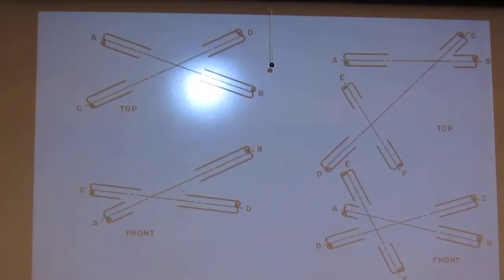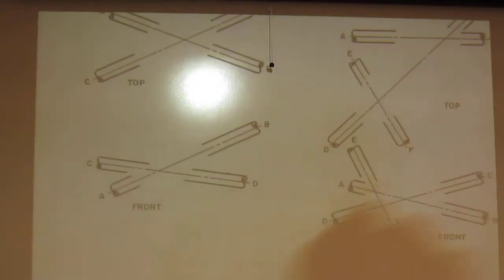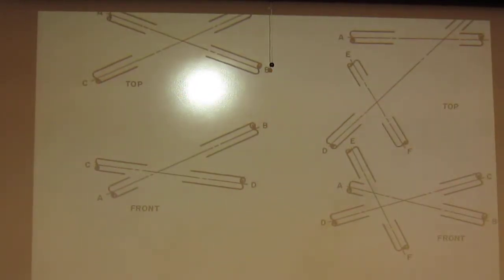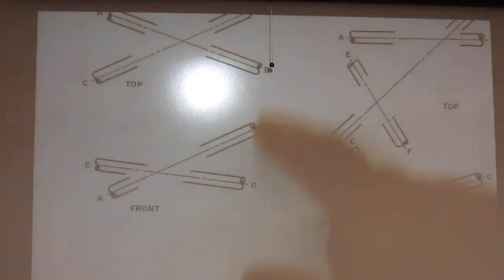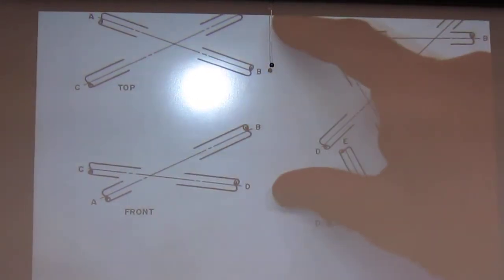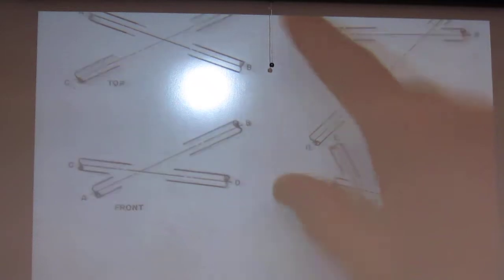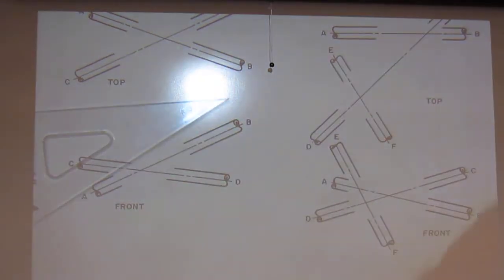So you have two figures here. The big thing I want to point out is that when you're doing these figures, what you're doing is establishing visibility. On the left, you have a front and top drawing. Keep in mind there is a projection plane in between those.